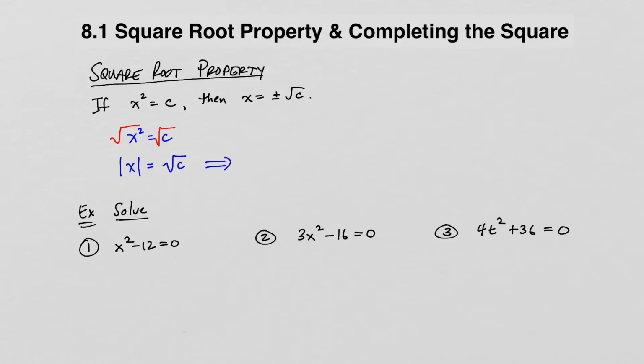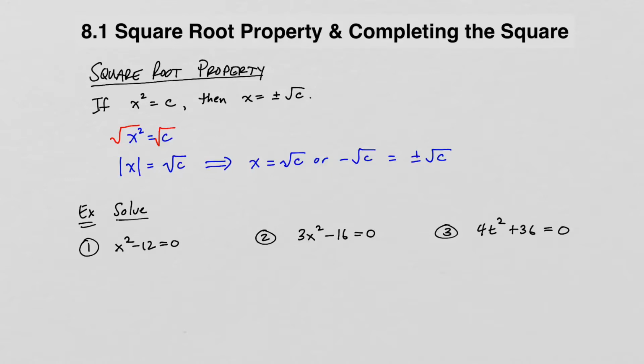And if the absolute value of x is equal to the square root of c, then x would have to be positive square root of c or negative square root of c. And we can abbreviate this by writing plus or minus the square root of c.